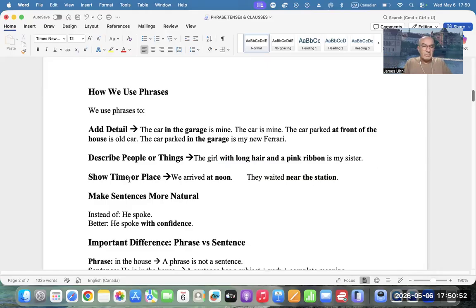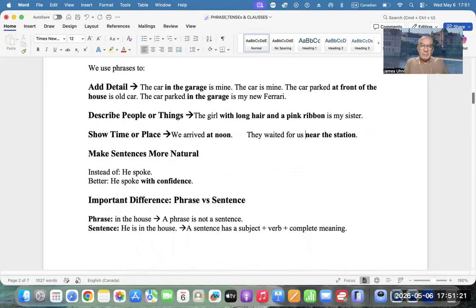Show time or place. We arrived at noon. That is time. They waited near the station. They waited for us near the station. That is better. So this is what we use phrases for.